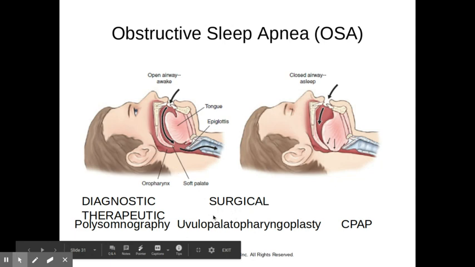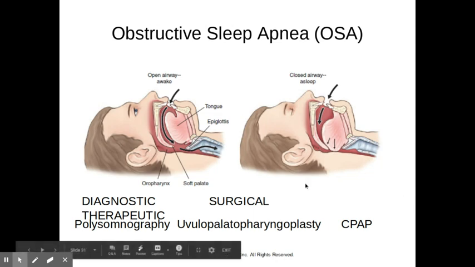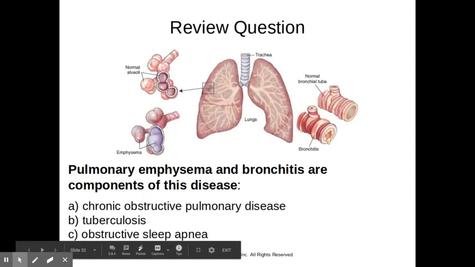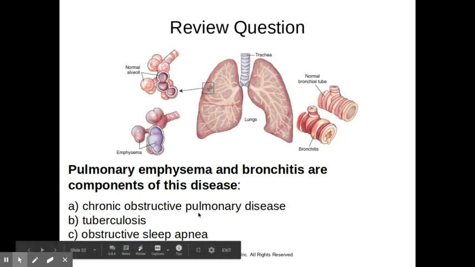Then you have surgical, uvulopalatopharyngeoplasty, so that's surgical repair of the uvula, palate, and pharynx. But then also you have a CPAP. CPAP machine is constant oxygen pressure or air pressure to open up that airway. So when someone does sleep, the closed airway is actually going to be opened. Pulmonary emphysema and bronchitis are components of this disease. That is chronic obstructive pulmonary disease.